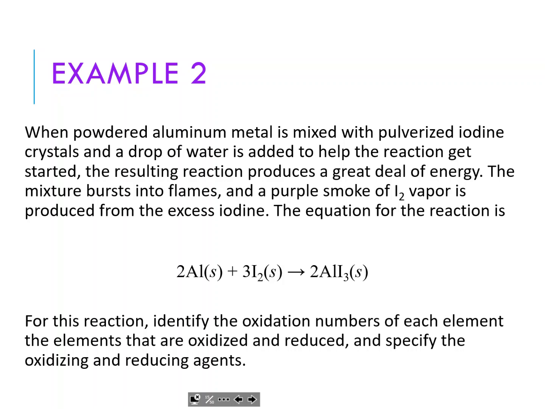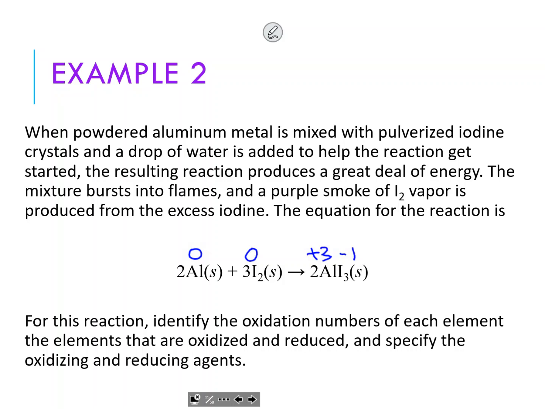So, first thing in a problem like this is to assign oxidation numbers above the elements, just like it said in the rules. So, elemental aluminum gets a 0. Elemental iodine gets a 0. Now, in the compound, iodine's going to be minus 1, and aluminum's going to be plus 3.